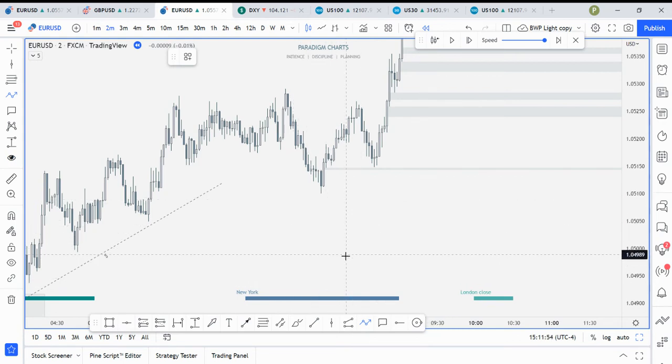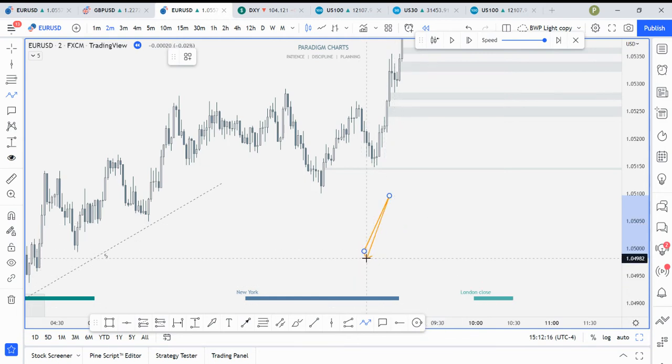Imagine you have something like this, price is moving up, and then all of a sudden there's a break of structure to the downside.